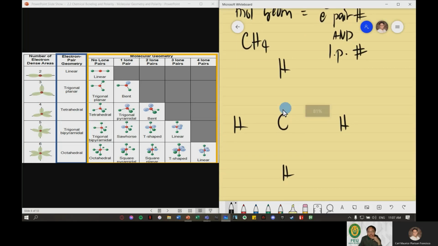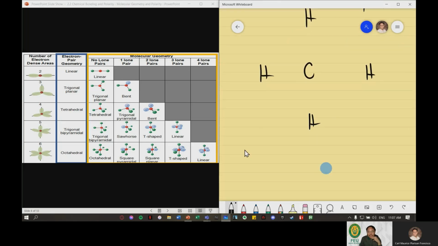Carbon acts as the central atom, so we call carbon the central atom. And the 4 hydrogens, we call them terminal atoms.